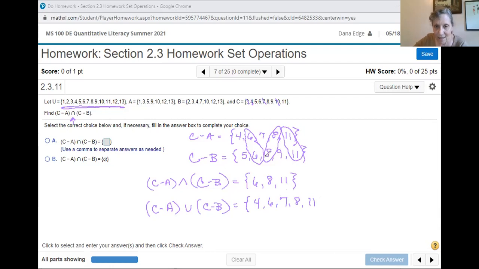That's the first one. And then I would add the 5. 6 is already there, 8 is already there, 9, 11 is already there. So this would be the union. This is the intersection. Just saying.